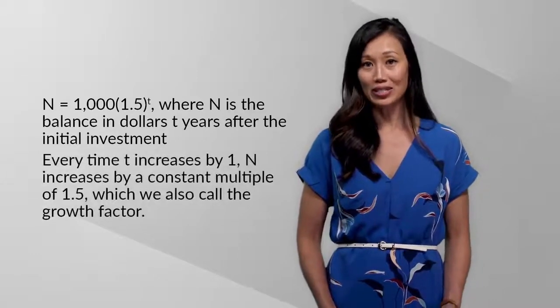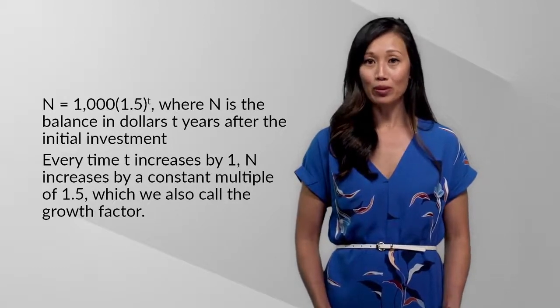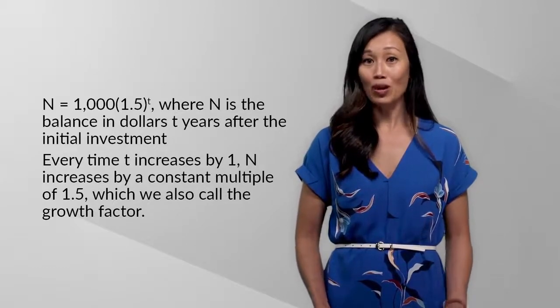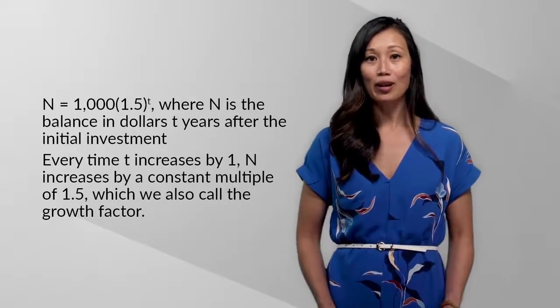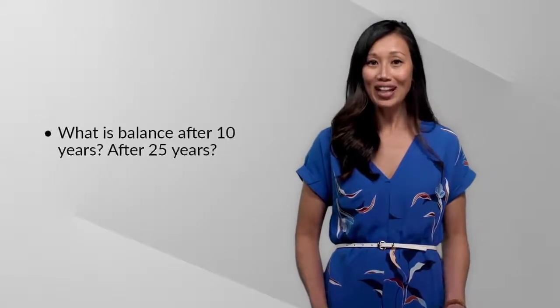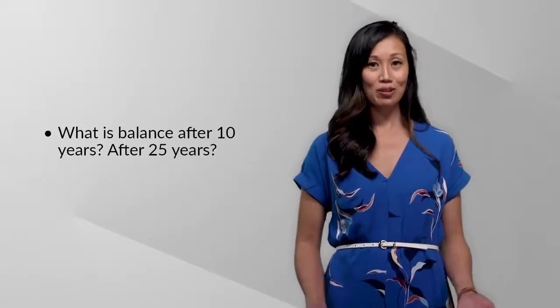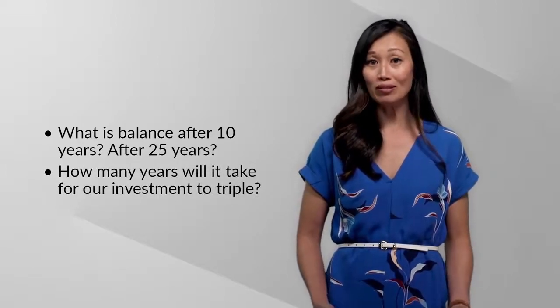Notice that every time t increases by 1, n increases by a constant multiple of 1.5, which we also call the growth factor. Now that we have a formula, we can begin to ask and answer questions like, what is the balance after 10 years, after 25 years? Or how many years will it take for our investment to triple?